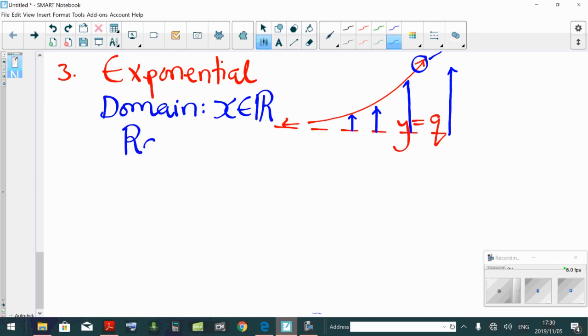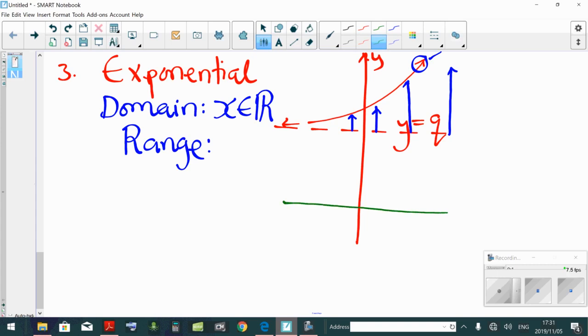And then our range, now if we had, let me just superimpose a y-axis here for argument's sake. Now if I were to draw a horizontal line on the y-axis at this point, you can see that we'll never encounter our graph. Any point along these lines that I'm drawing.